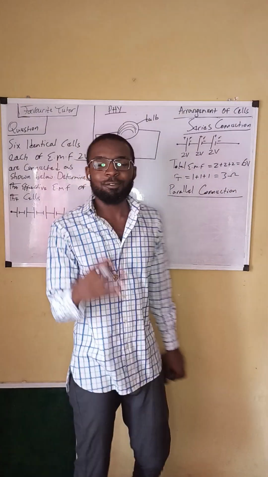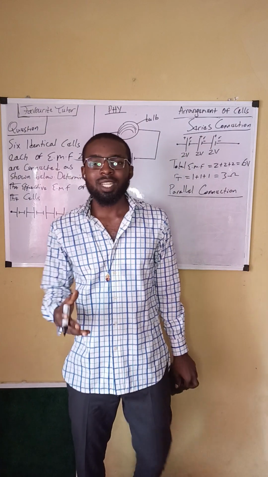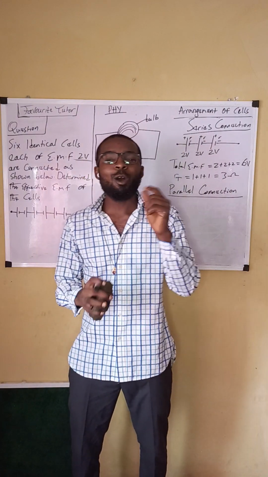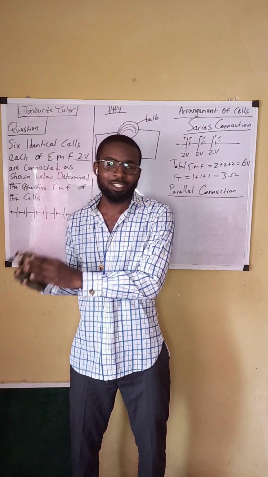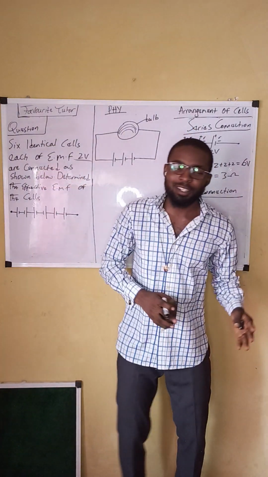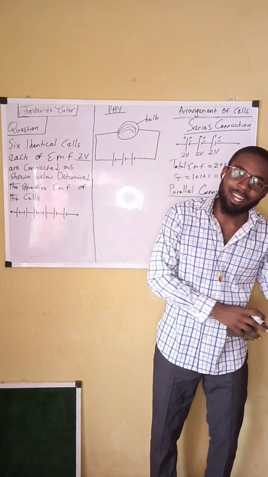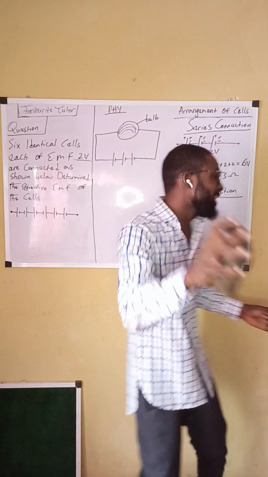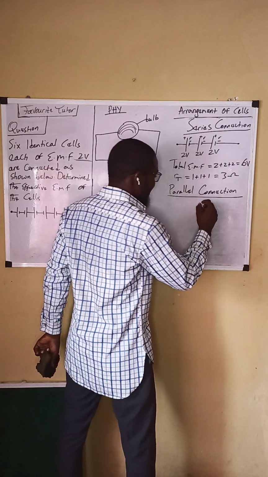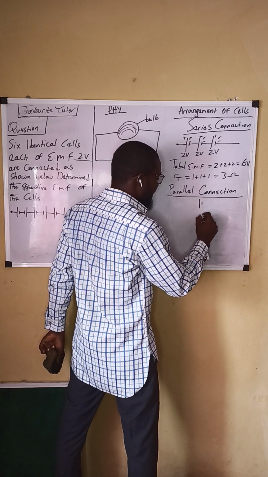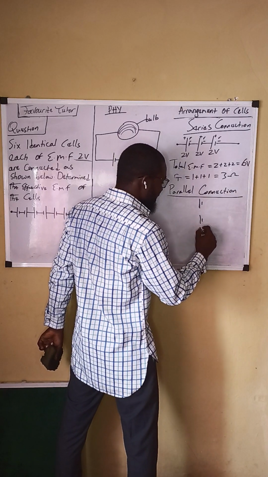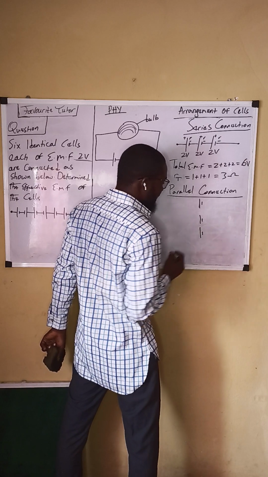Parallel connection. Now, for parallel connection, the positive terminals of all the cells are connected together at a junction, while the negative terminals of all the cells are connected at another junction. Something like this. We have the cells positive, negative, positive, negative, positive, negative.